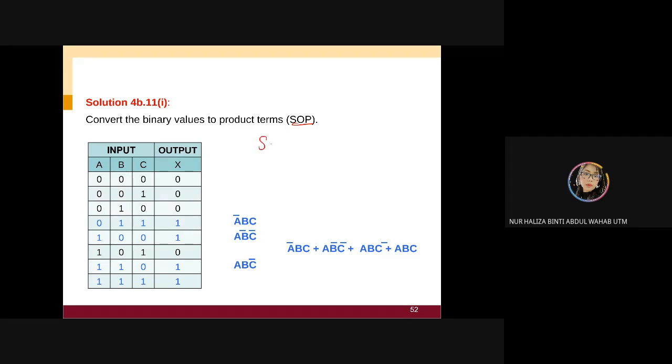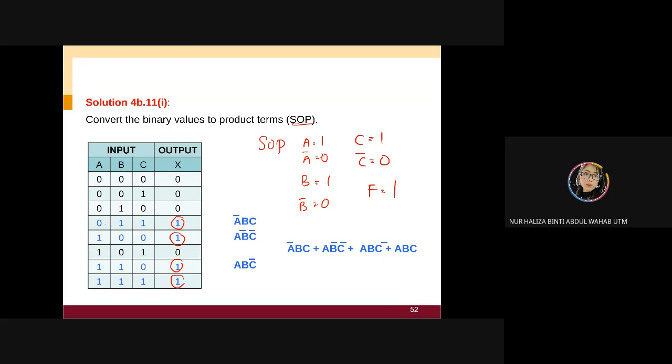by looking at A equal to 1, A bar equal to 0, B equal to 1, B bar equal to 0, C equal to 1, C bar equal to 0, and your output will be 1. So over here, you're going to see that your output is 1 only.